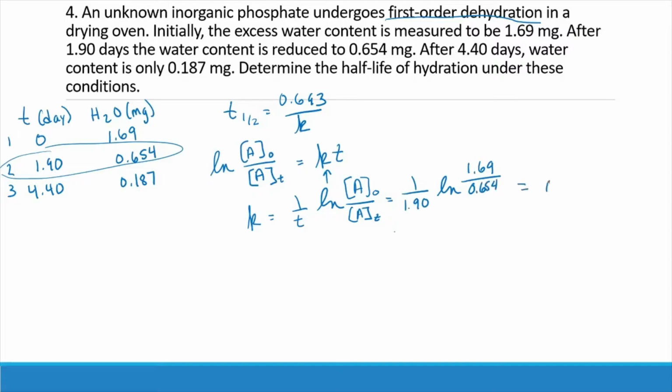And so this gives us a k of 0.500. So now we can solve for t1/2: 0.693 divided by k, which is 0.500, and we get 1.39 days as our half-life.